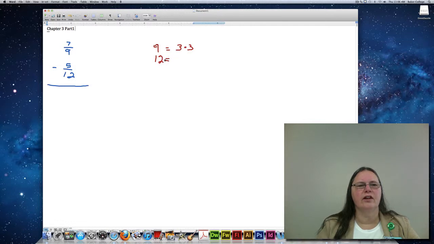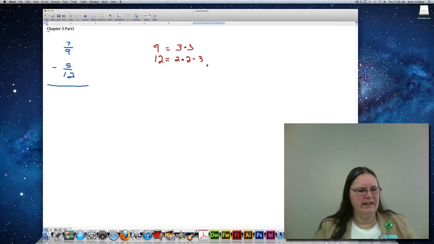So 12 is actually 4 times 3, but a 4 can be factored to 2 times 2, which is 4, and then times the 3. That gives us the information we need in the sense of what are these small values. Now, what do they share?